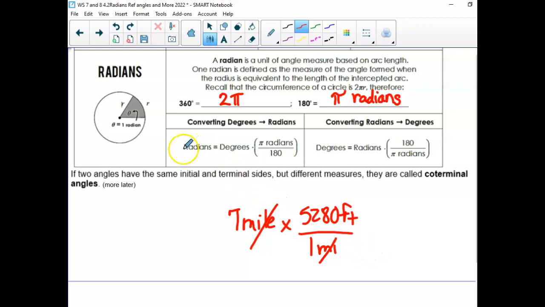Okay, so that's the way I think of radians and degrees, it's just a dimensional analysis problem. So if I have degrees, I put the 180 degrees on the bottom so that it will cancel and I'll be left with radians. If I have radians, I put the pi radians on the bottom so that that will cancel. But the conversion I always use is this guy, that 180 degrees is equal to pi radians.